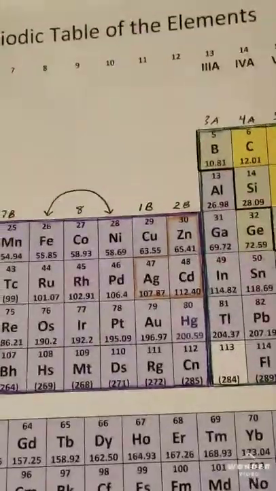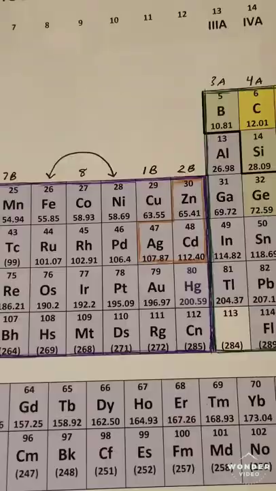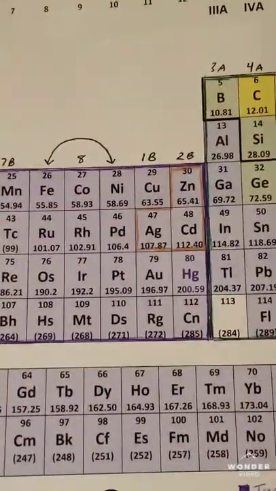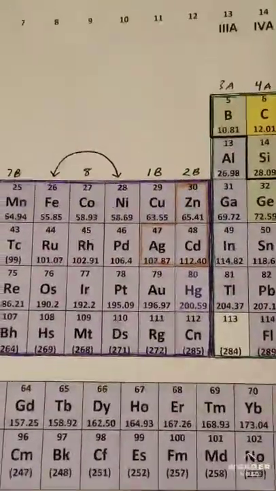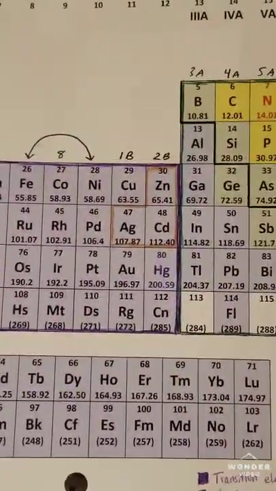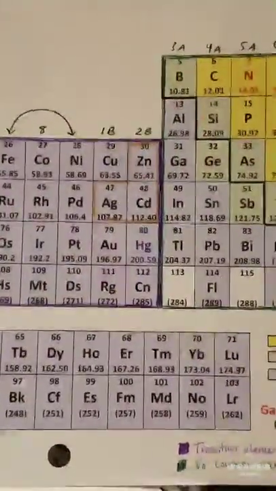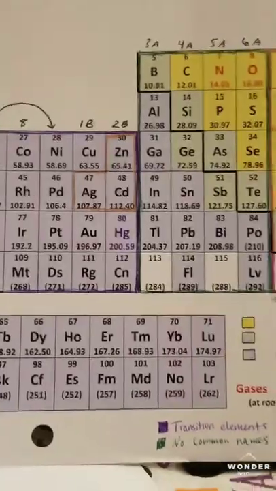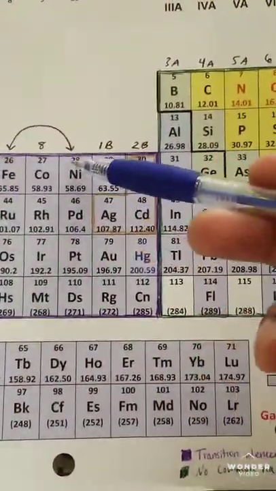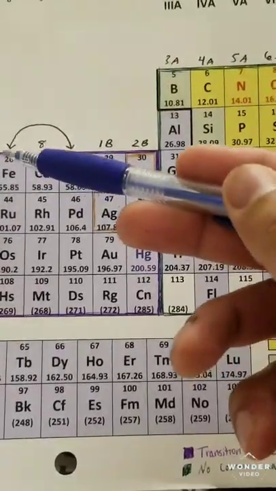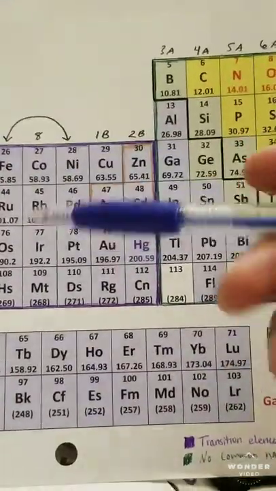The next one is iron, H. So iron is number 26, and that one is in the middle part, which is a transition metal. Or you could put just transition element or transition metals, one of the two. So it is weird because one thing that we were taught was like these three here are all group 8. So all of them are group 8B, but it goes 8, 9, 10.